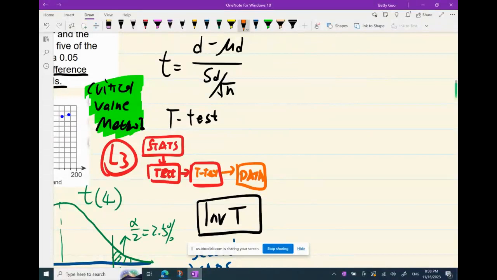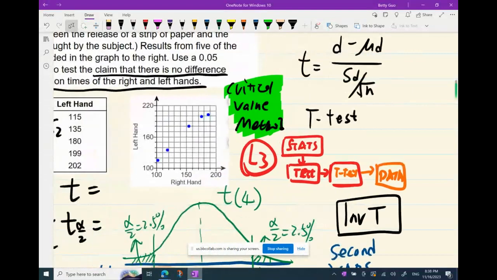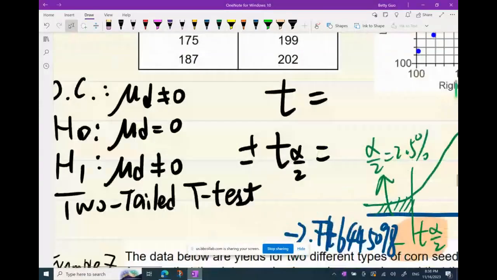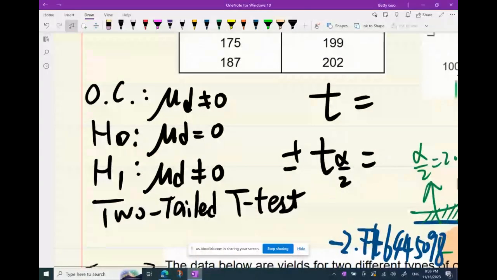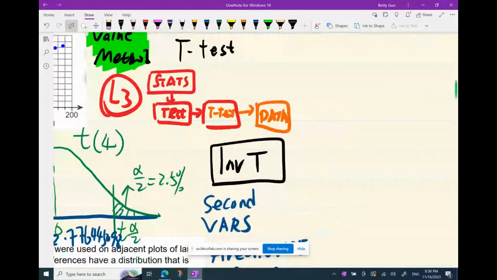Mu sub 0 actually is our claimed mean, the mean of the differences. So it's going to be 0. The null is mu sub d equals 0, so you're going to enter mu sub 0 equals 0.